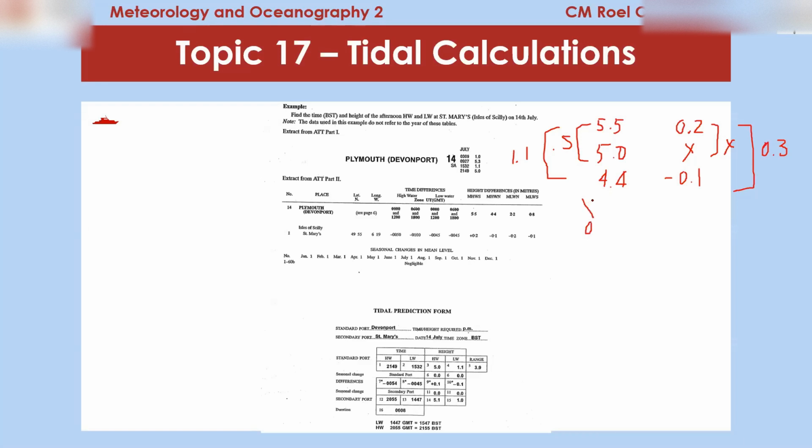X over 0.3 is equal to 0.5 over 1.1. So let's cross multiply ulit. 1.1 x is equal to 0.5 times 0.3.